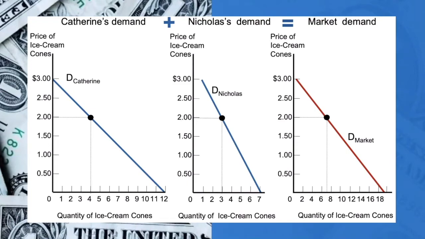And so what you see here is there's this point highlighted at $2, where Catherine is demanding 4 ice cream cones and Nicholas is demanding 3 ice cream cones, and together the market demand there is 7. So all you have to do is just sum these curves together, and that gives you market demand. And like I said, market demand is the thing. Individuals' demands are important, but right now we're going to almost focus entirely on market demand.